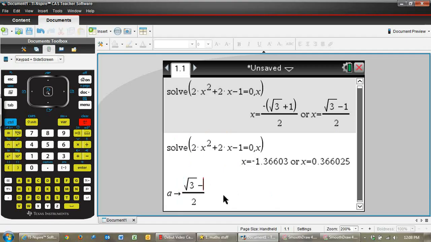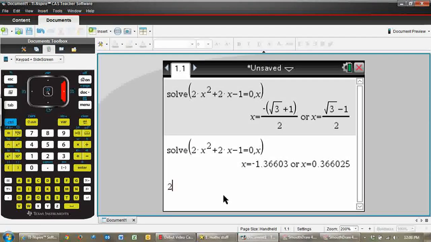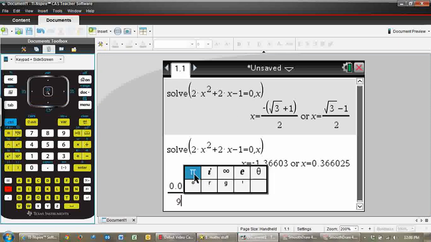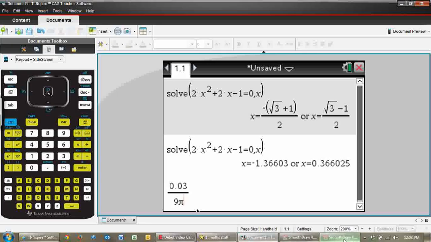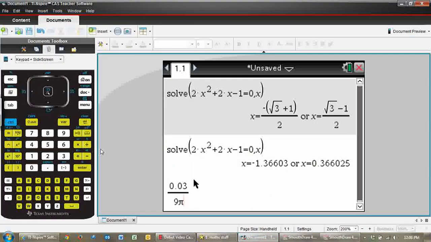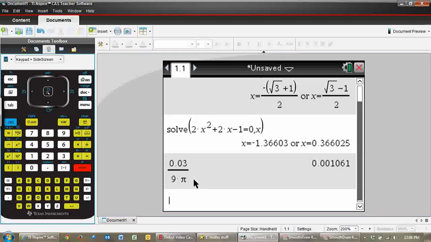So what was it? It was 0.03. I think it was 9 pi. I'll just check it before I go to it. 9 pi, 0.03 and 9 pi. Yep, that was right. Gives me 0.001. We'll leave it at that.